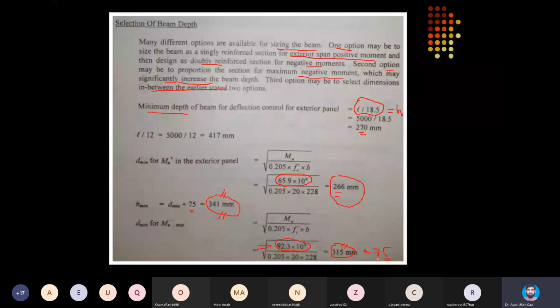So what I am going to do is I am starting with the design of this cross section first, which is actually a rectangular beam and highest demand in the continuous beam over the first interior support.